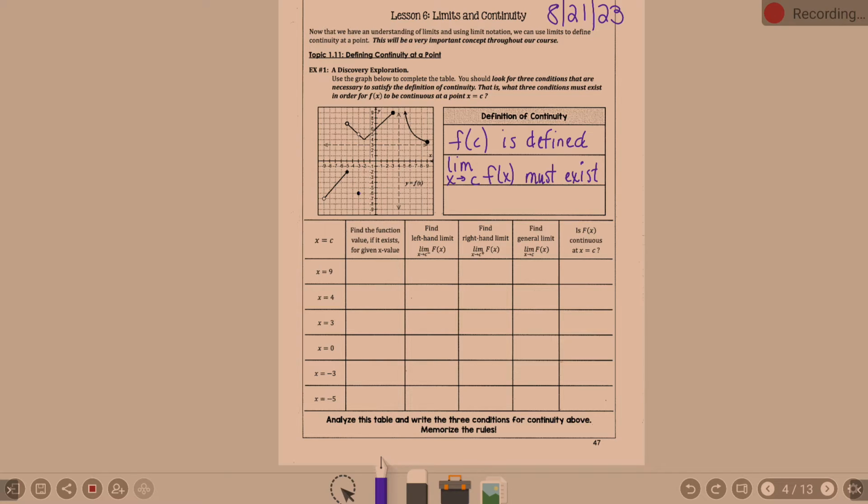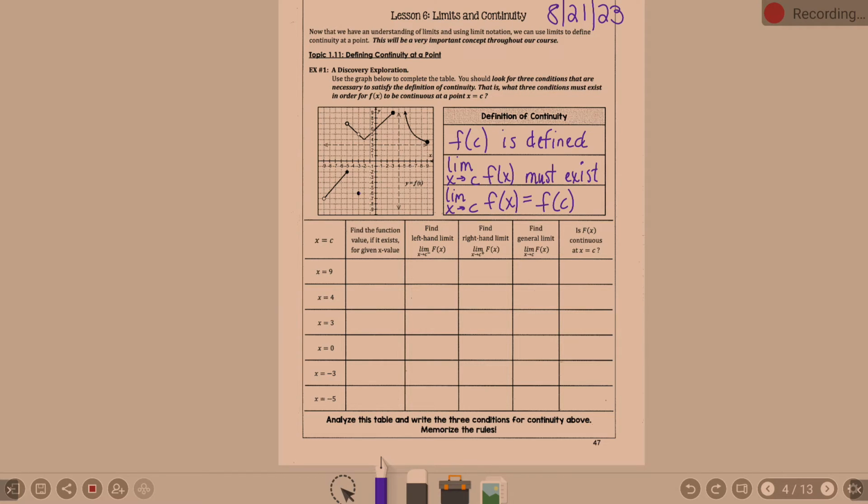And the third piece is that the limit has to equal that point. So the limit as x approaches c of f of x has to equal f of c.